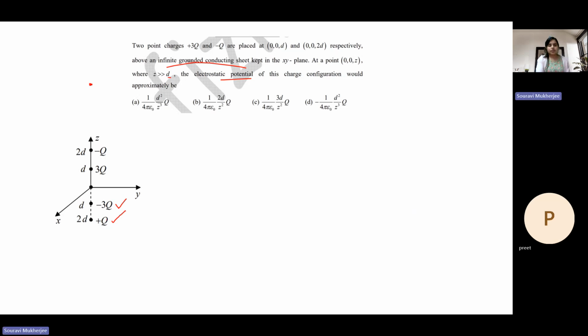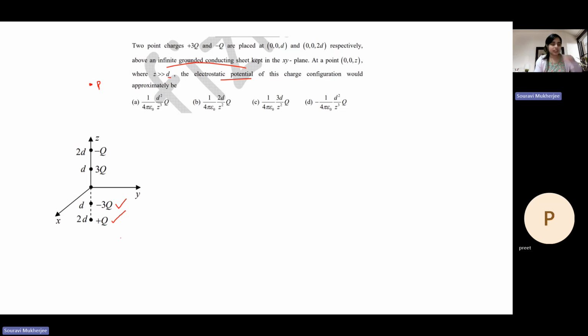So here, this is at a much larger point. It is far from the entire charge distribution, which is here. We are looking at a point far from the entire charge distribution, so we should first look at the net charge of the combination. What is the net charge? 3q minus q minus 3q plus q. So the net charge goes to 0.